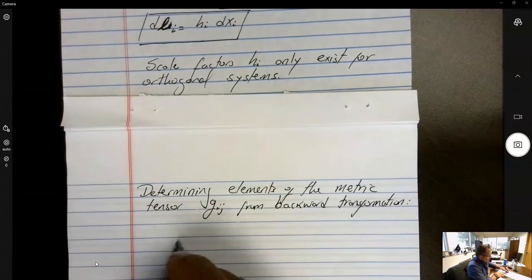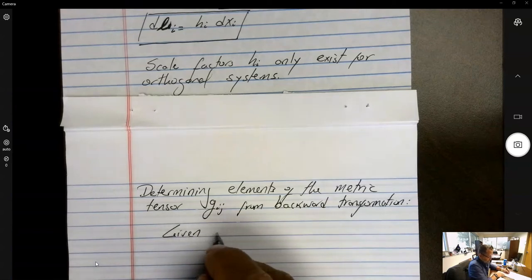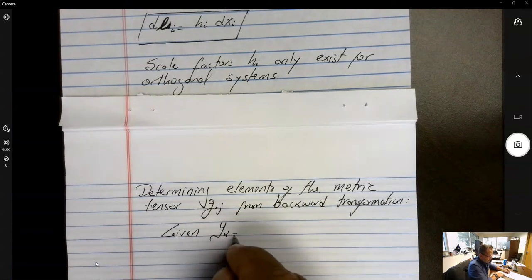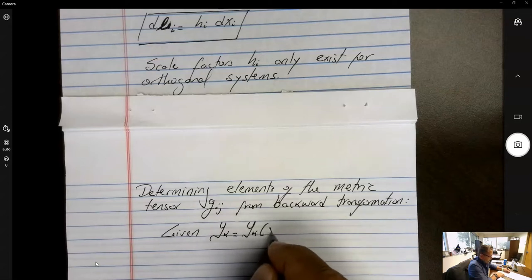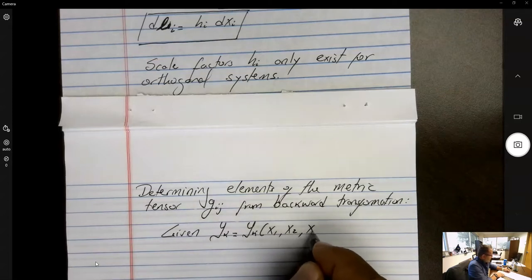Right? So given yk, which is yk of x1, x2, x3.